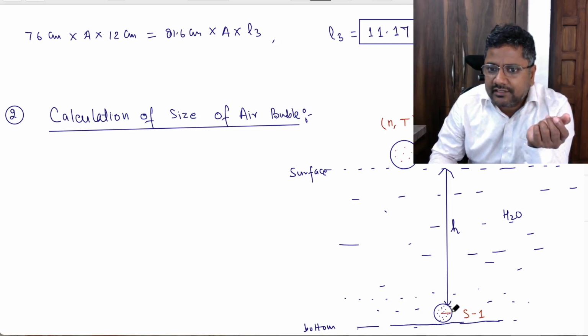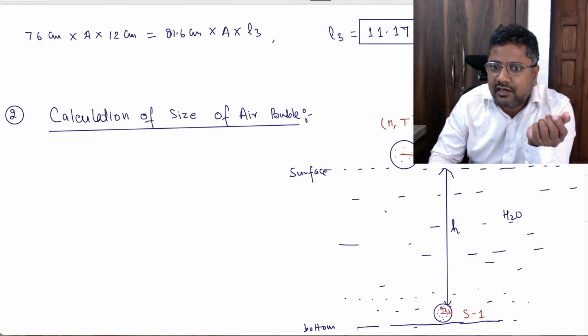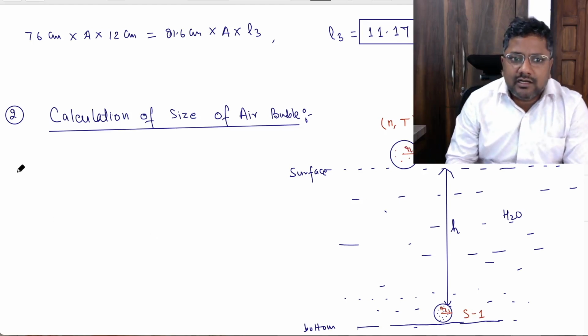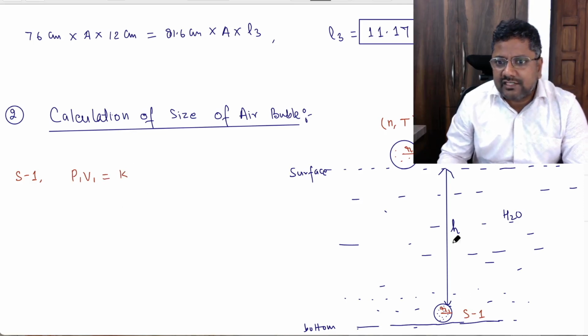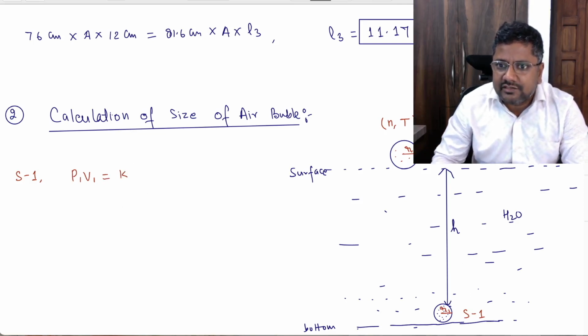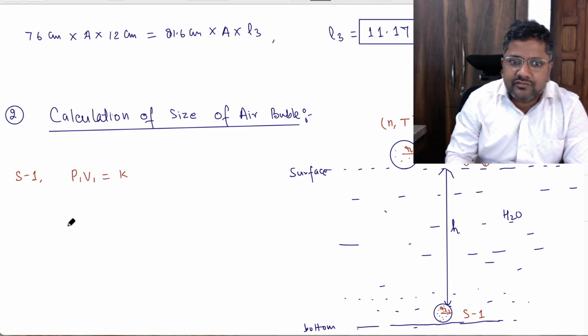So if the radius is here R1 and here the radius is R2, so under S1 you can write Boyle's law P1 V1 is equal to K. So this pressure definitely involves the pressure of atmosphere.